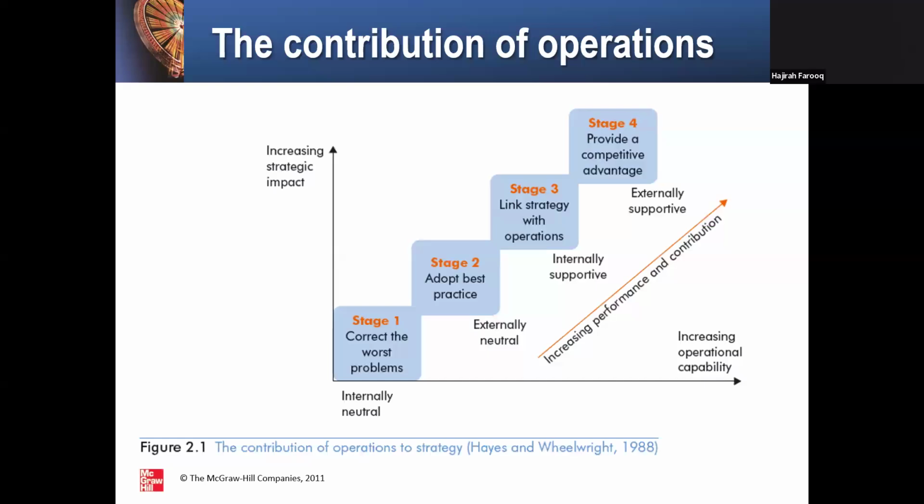So we link the strategy with operations, and we become more internally supportive. And as we become more operationally capable and have more strategic impact, we move on to stage 4, where we provide a competitive advantage, and we become externally supportive as well as internally supportive.